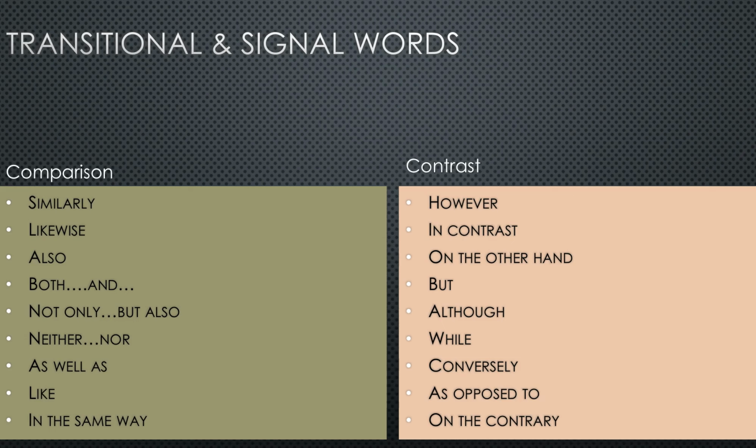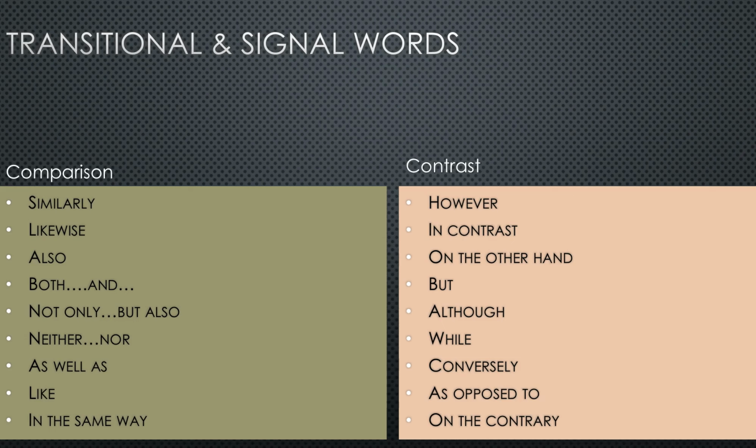So looking at the transitional phrases that can be used for comparison and contrast, whatever style you choose to use, both of these transitional words are good for each style, point by point or the block method.